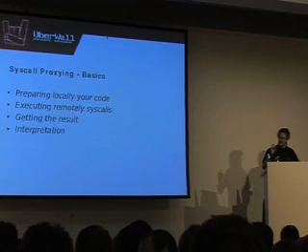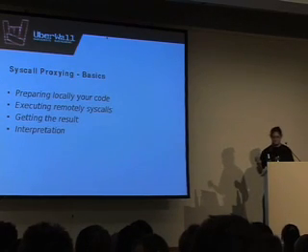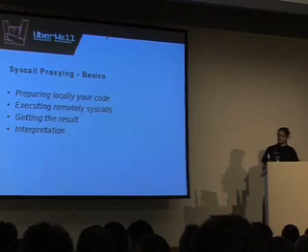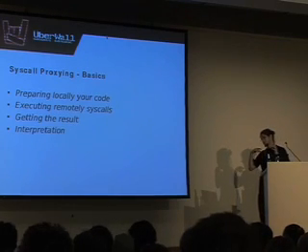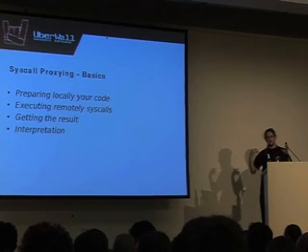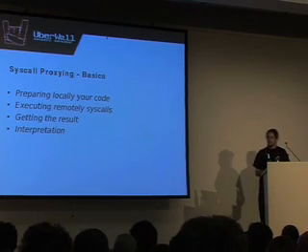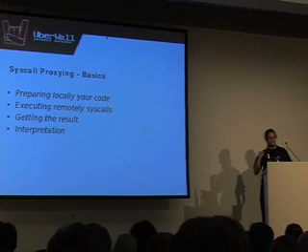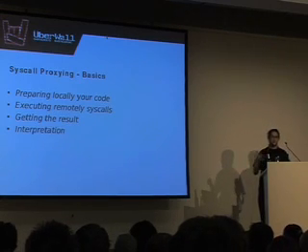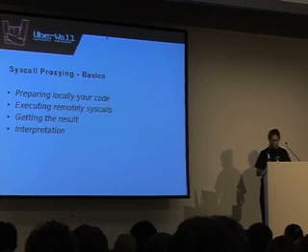So, here starts our real stuff. The basics of syscall proxying is you can remotely access this kind of interface to the kernel. The goal is preparing your code locally, you execute it remotely, you get the result, I mean the stacked result, and you interpret it locally.